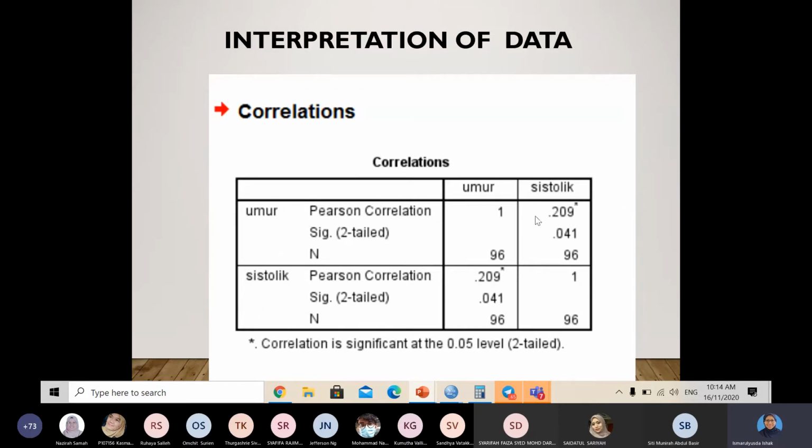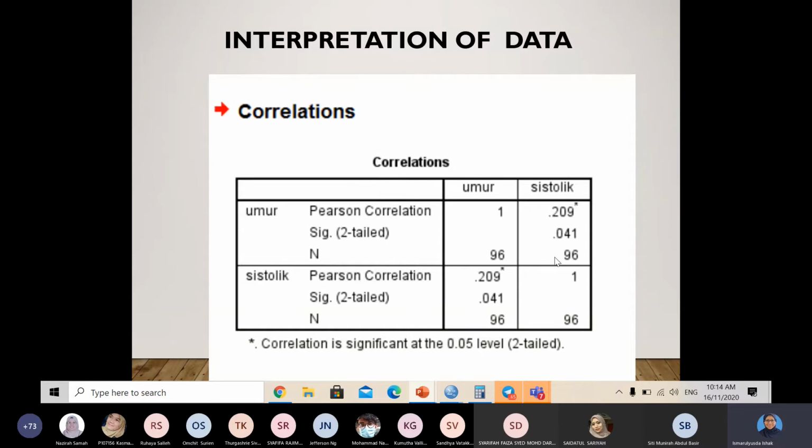The R value is more important compared to significance, because for the significance value, if you have a very large sample size, maybe 1,000, even with an R of only 0.1 or 0.05, it will show you that it is very significant.